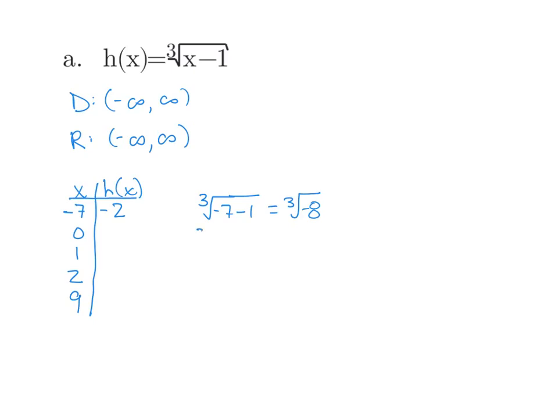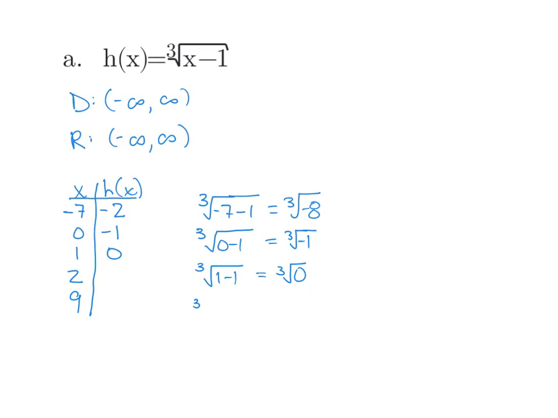If I plug in 0, I get the cube root of 0 minus 1, or the cube root of -1. That is equal to -1. If we plug in 1, we get the cube root of 1 minus 1, or the cube root of 0, which is 0.